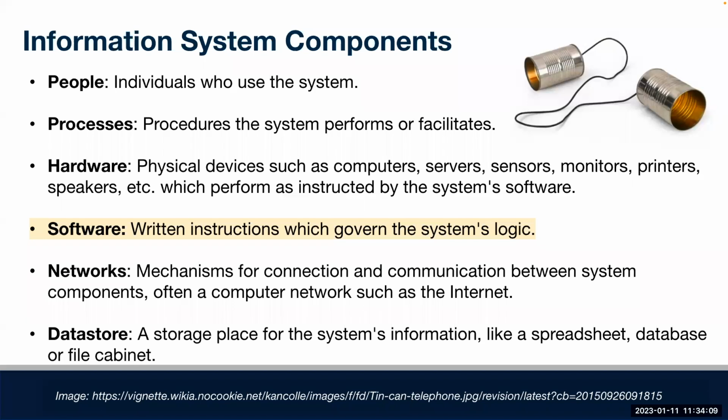Processes are the procedures that a system might facilitate. For example, in my apartment building, we have a small gym, and during COVID, the apartment building implemented a gym sign-up sheet in the lobby, and that was a paper-based process where if you wanted to sign up for a gym time, you would just kind of write that down.